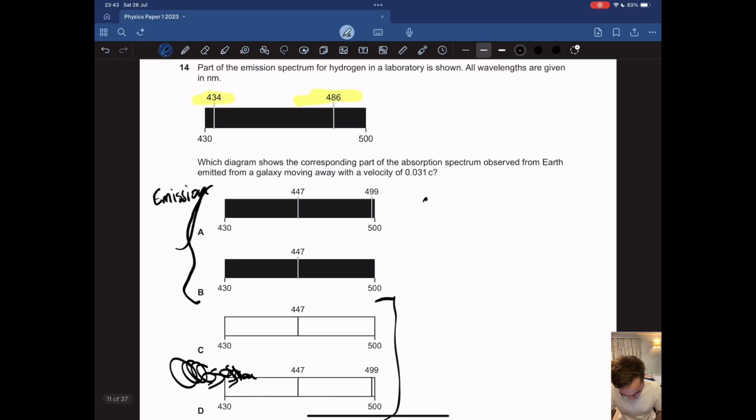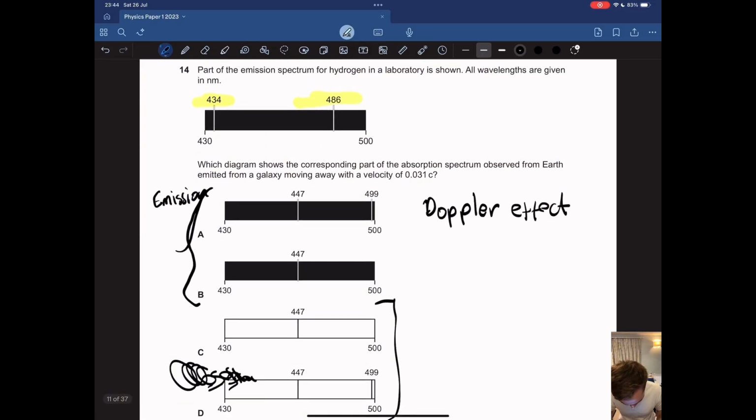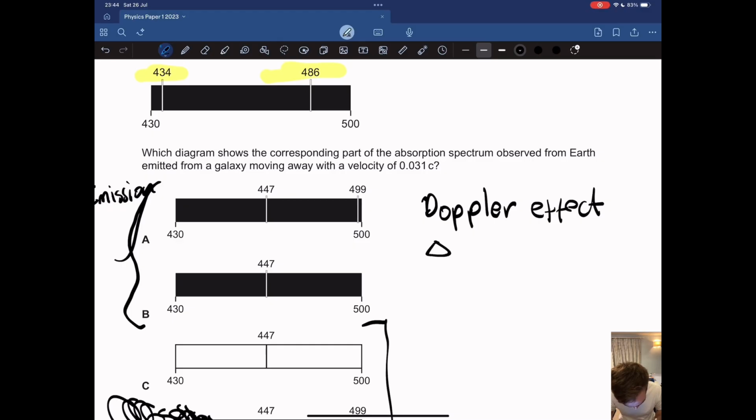What's the law? The Doppler effect, right? It's not a law, it's an effect. Might be a law. Sorry. So that states that the change in wavelength over wavelength equals v over c.